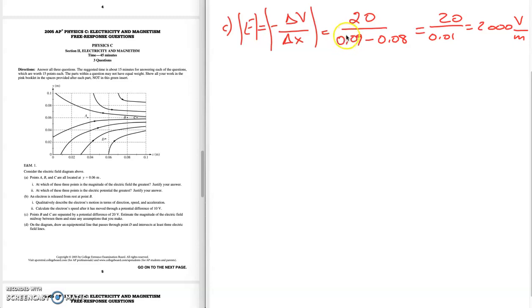So we have to assume that the electric field is roughly constant between there. So we're making assumptions.